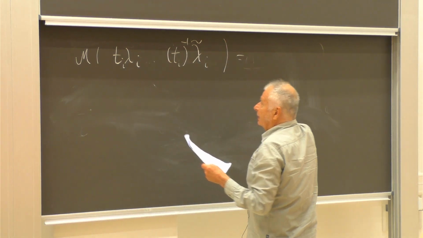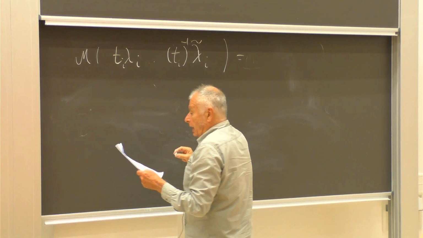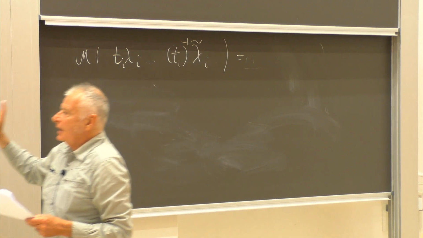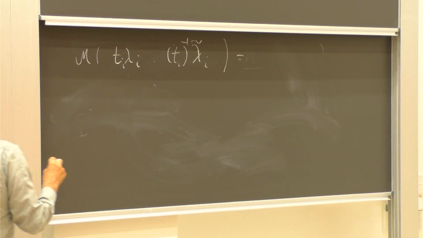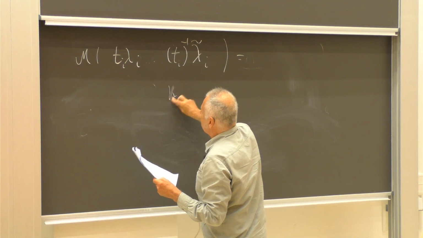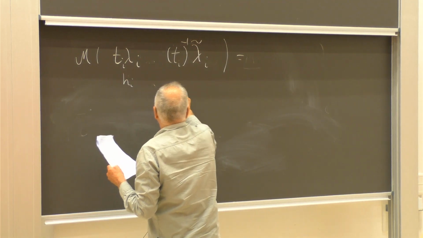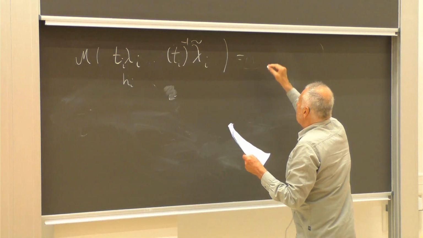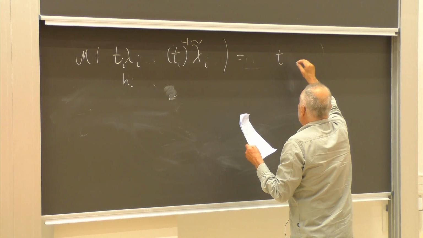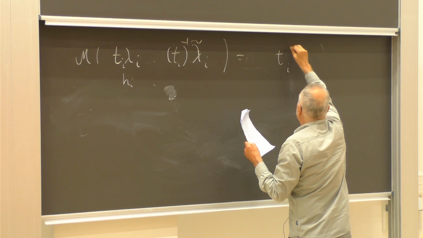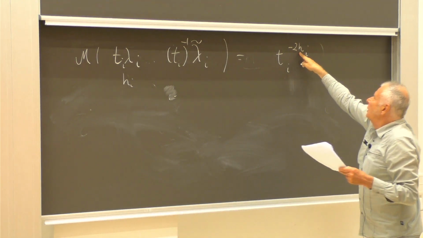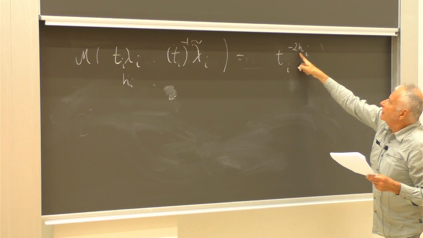Then what will happen is that if I have an external particle with helicity h_i, then from each particle with helicity h_i we get from the wave function a factor which will be one when the helicity is 1/2.